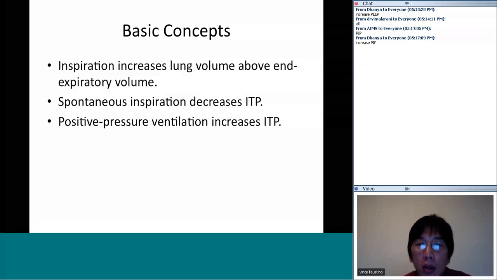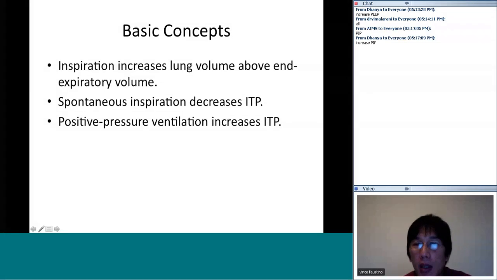When you inspire spontaneously, that causes a decrease in your intrathoracic pressure. That's how you drive air into your lungs when spontaneously breathing. When you inspire spontaneously, your diaphragm goes down, your thorax goes out and to the side. That creates a negative pressure, and then air rushes into the lungs.